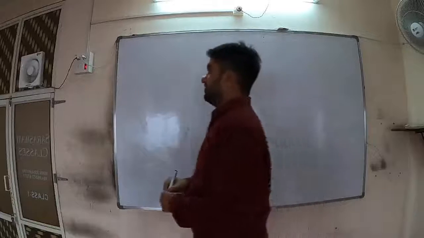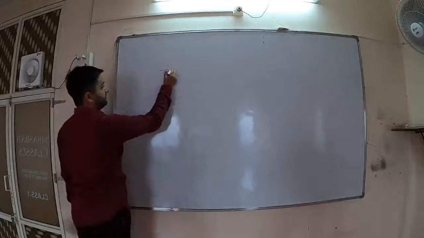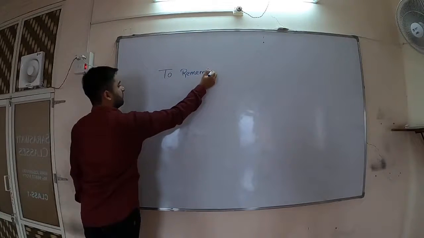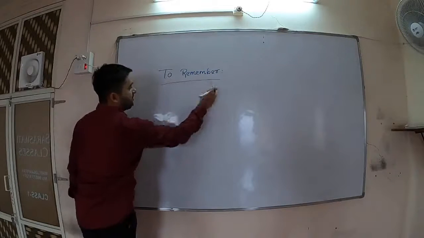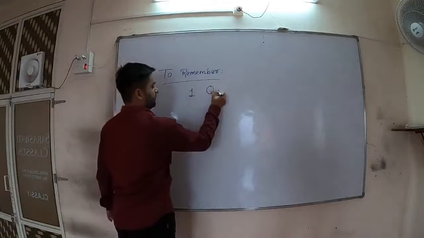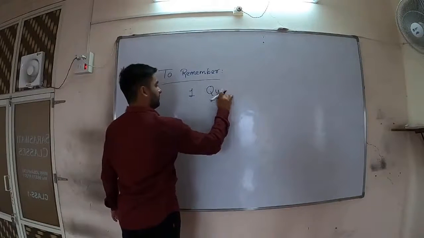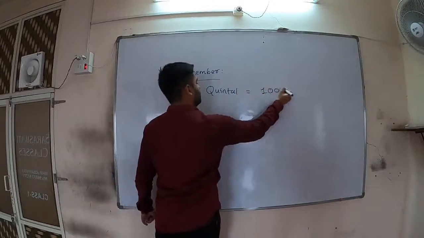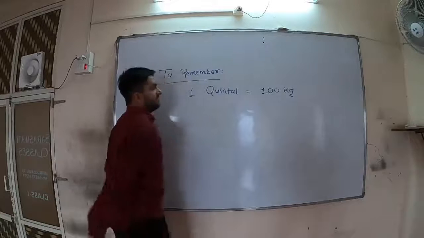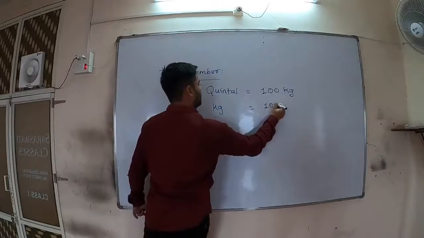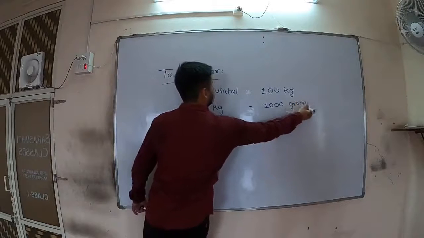Now one more thing you write, to remember. Some of the units we need to remember. One quintal is equal to 100 kg. 1 kg is equal to 1000 gram.